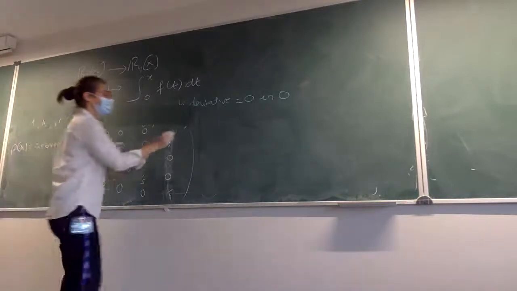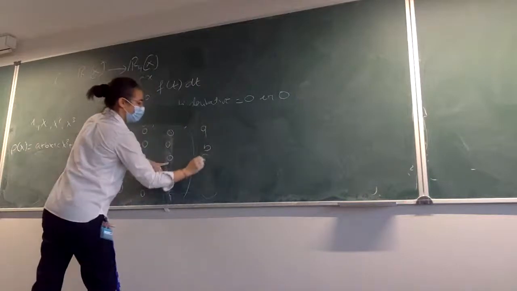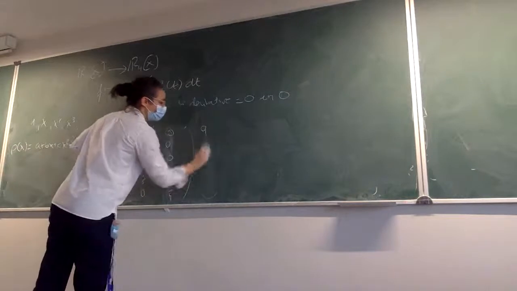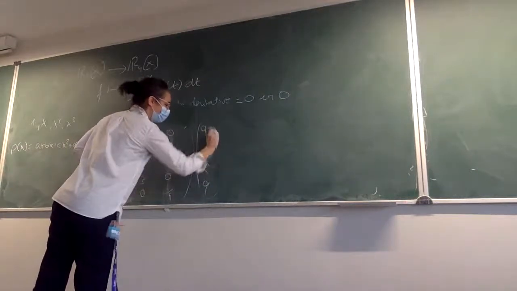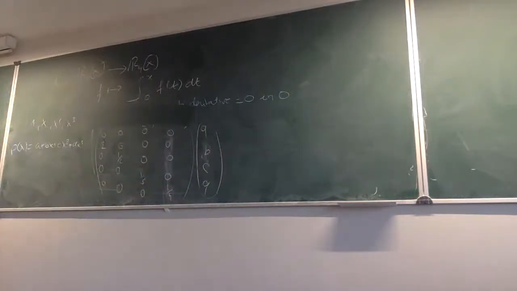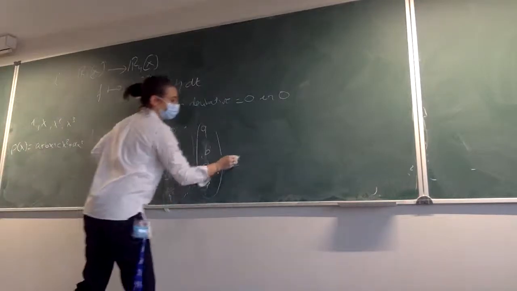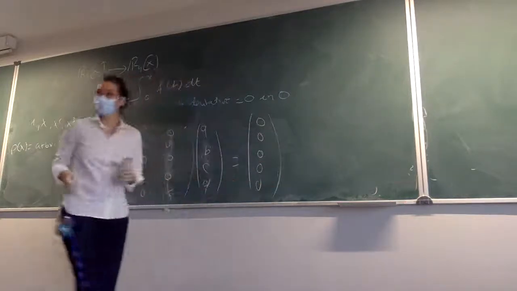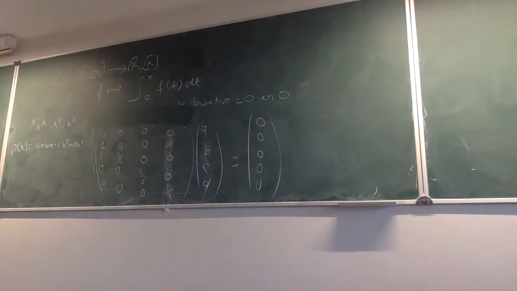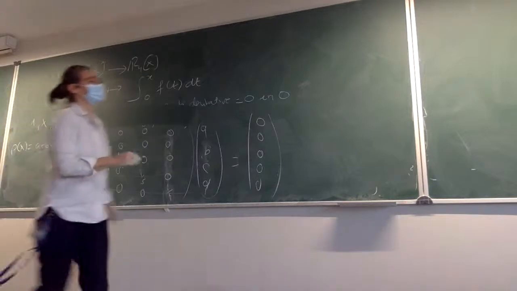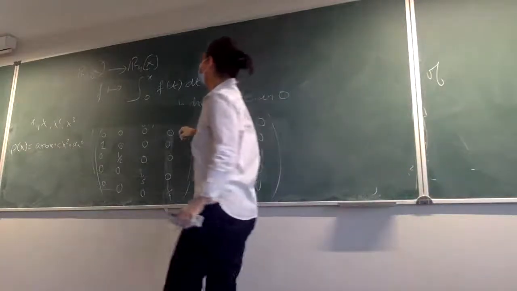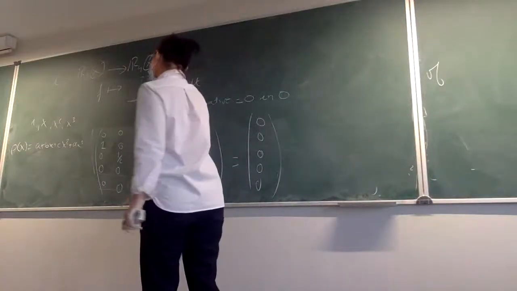So I'm basically looking for A, B, C, and D such that this is equal to 0, 0, 0, 0, and one more. So my matrix has 4 columns and 5 rows.